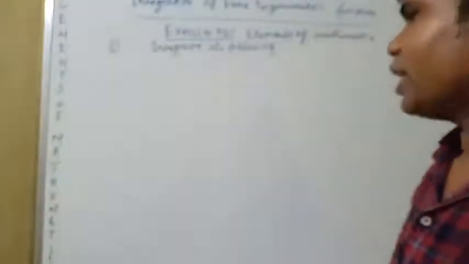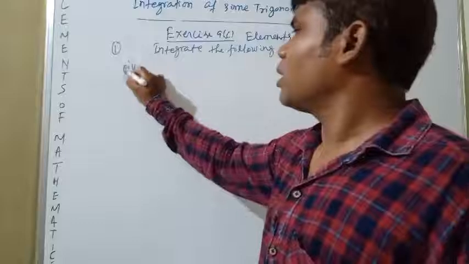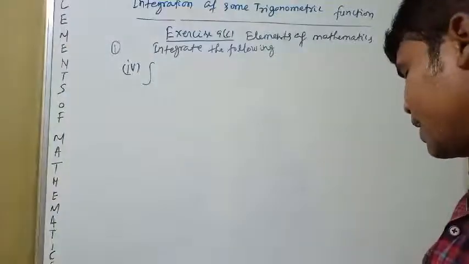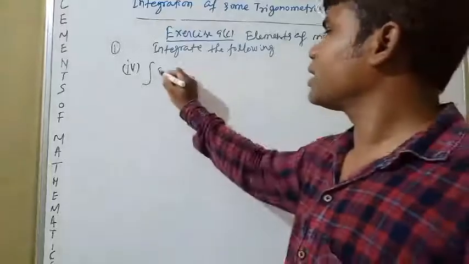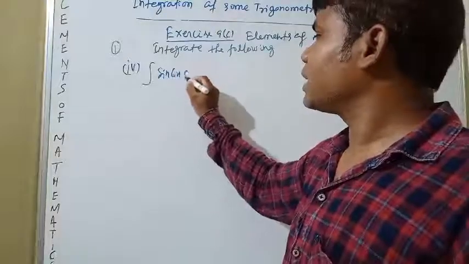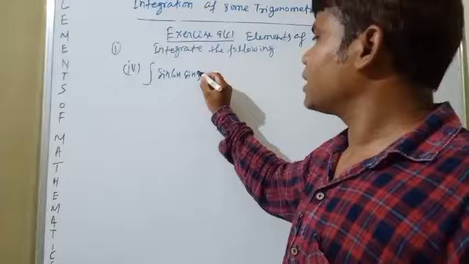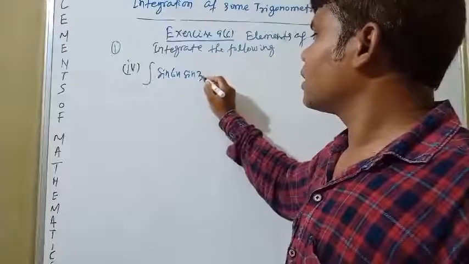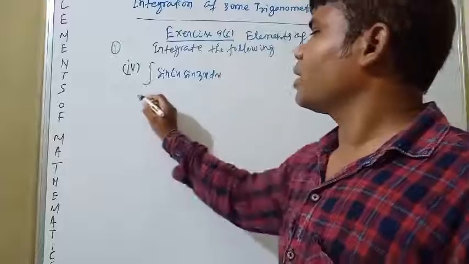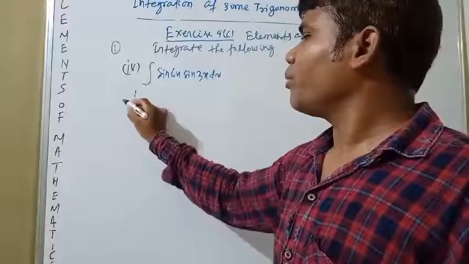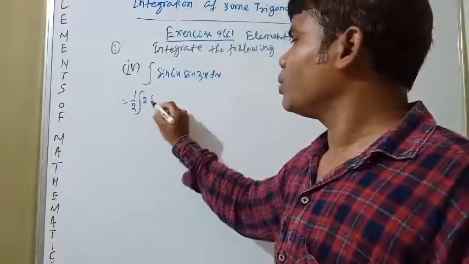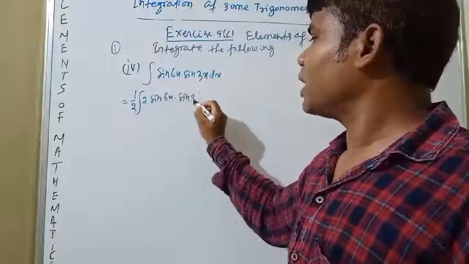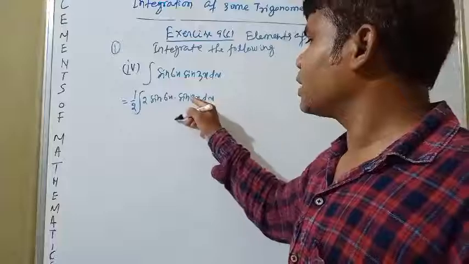You see the next question, number 4: integration of sin 6x sin 3x dx. You multiply with 2 and divide with 2: half, 2 sin 6x into sin 3x dx.